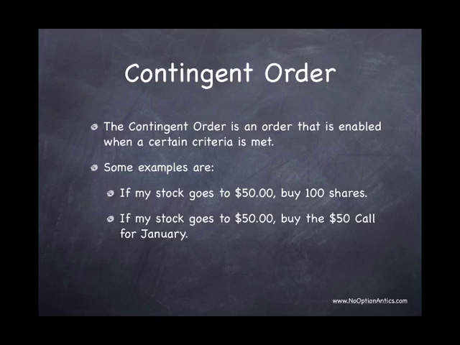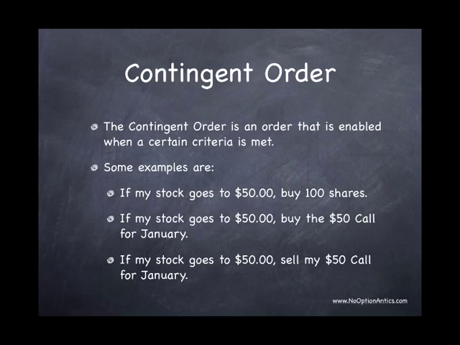Or you could say that if my stock goes to $50, I want to buy the $50 call for January. So what it does is it initiates the option buying order when the stock hits a particular price. So here's another way to do it. I could sell an order or sell a trade if a stock goes to a particular point as well. So it's contingent upon something else happening for your order to be triggered.